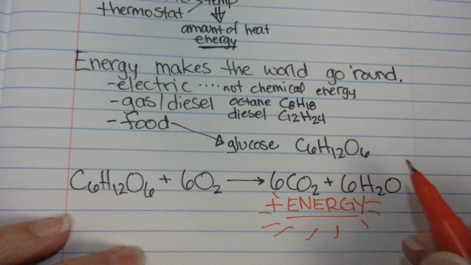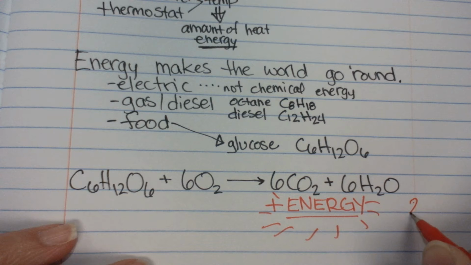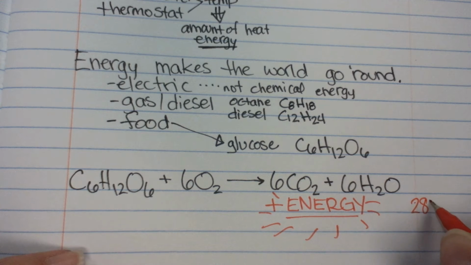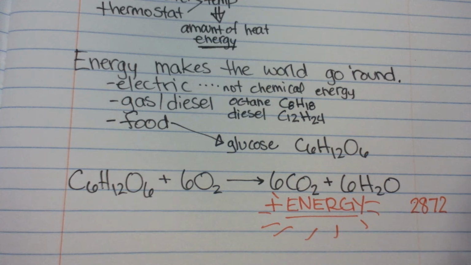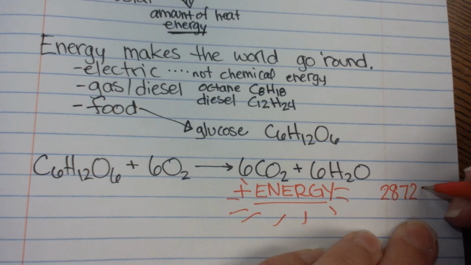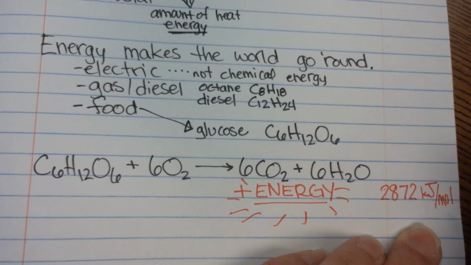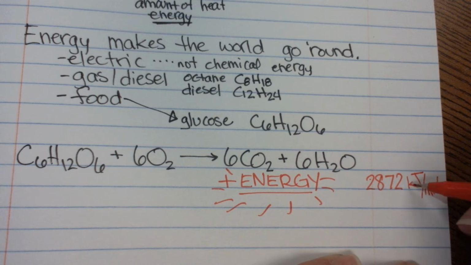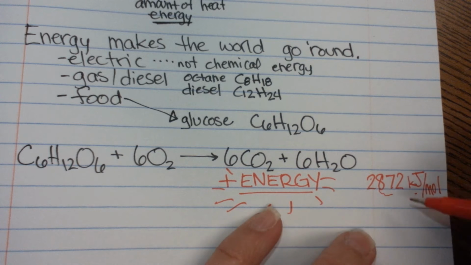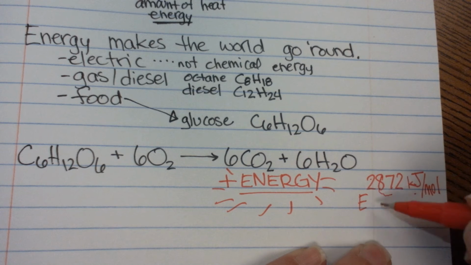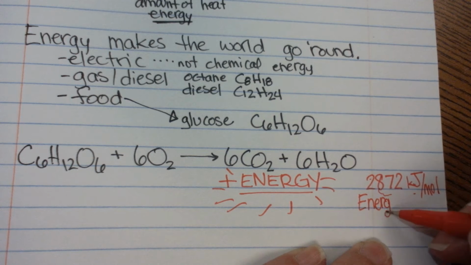In fact, in this, there is 2,872 kilojoules of energy per mole. There's a lot of chemistry stuff we just said. 2,872 kilojoules per mole of energy released when your body has glucose.